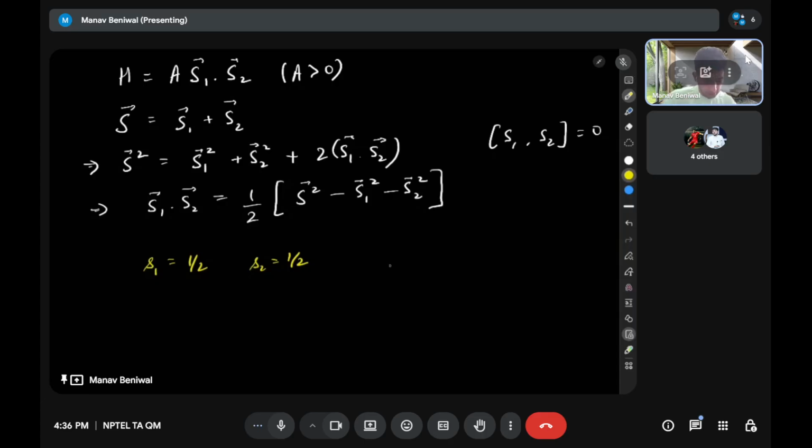When we operate S1 squared on some wave function, the eigenvalues we get are of the form S plus 1 times h cut squared.